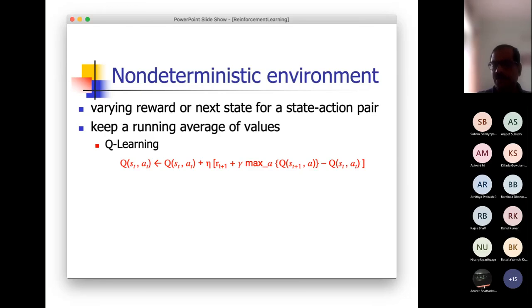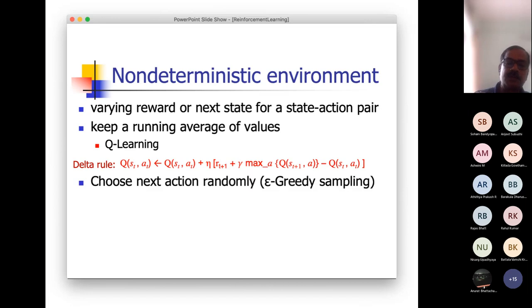But if I choose that deterministically, I will always get the same series of actions. My exploration of the state action space would be limited. We will be observing only a certain part of it, and you may not get the actual maxima. You may be stuck at that point.